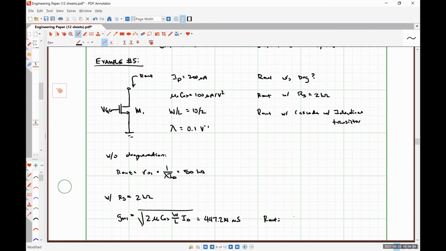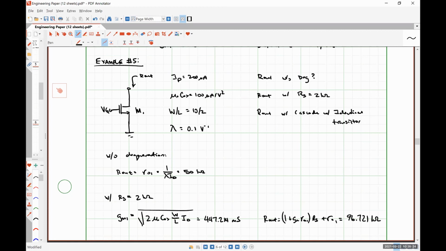Our R_out is 1 plus g_m r_o, times R_S, plus r_o. Plugging in my values, I get 96.721 kilo ohms. So a 2 kilo ohm resistor is enough to effectively double the output impedance.